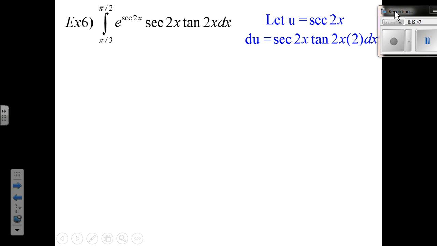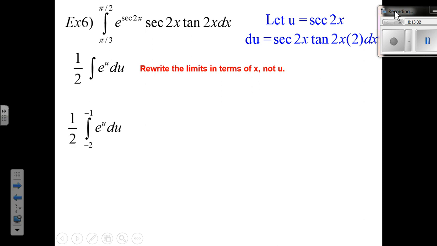So we have all of that except for the extra 2. So we're going to have to compensate by doing the 1/2. So all I have is 1/2 e to the u du. And that's an easy integration, right? And we talked about how instead of plugging back in the x for u, we can change the limits of the integration to be u's.